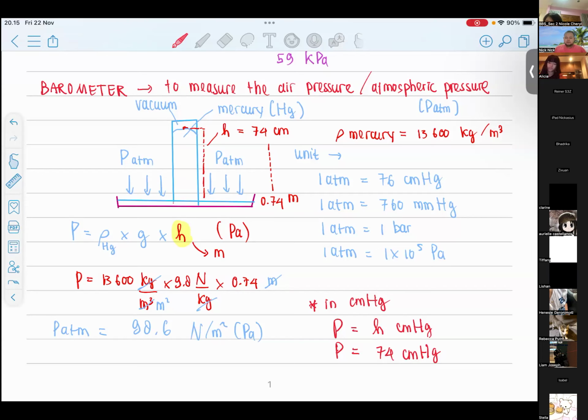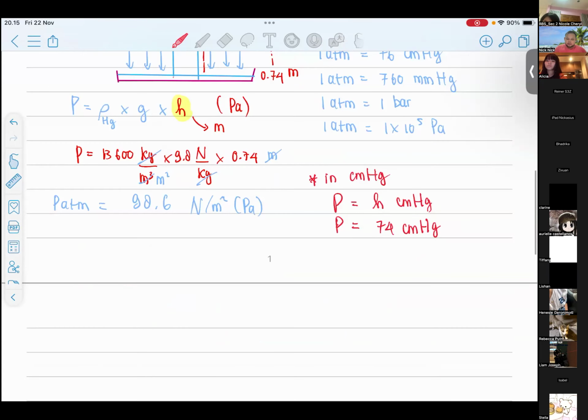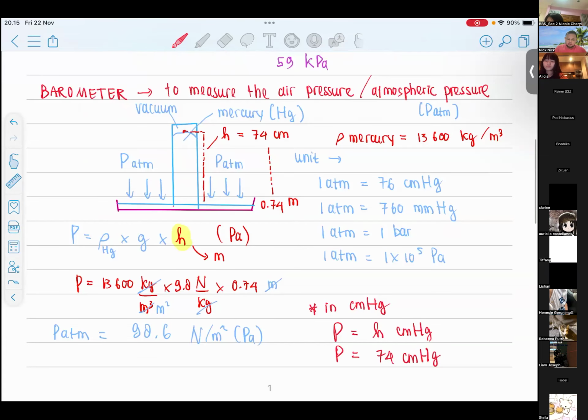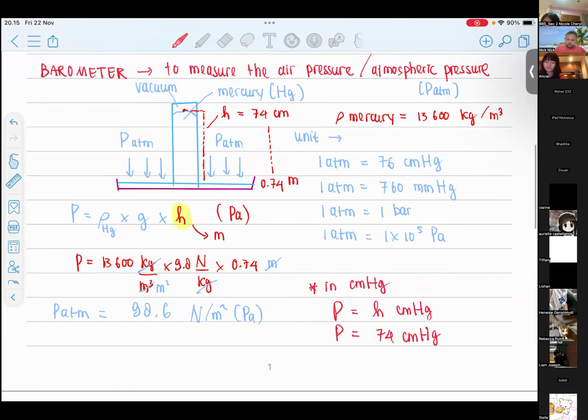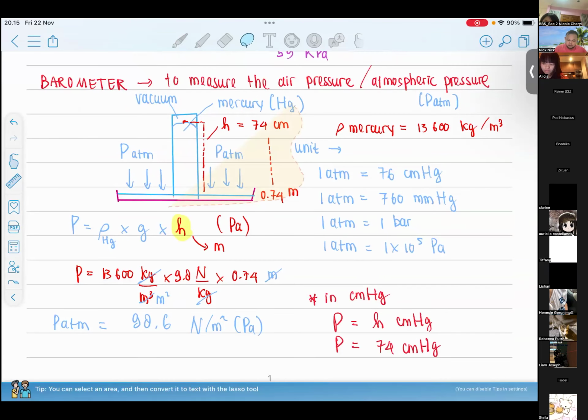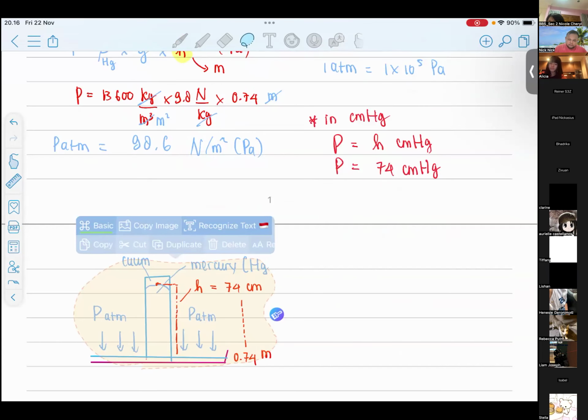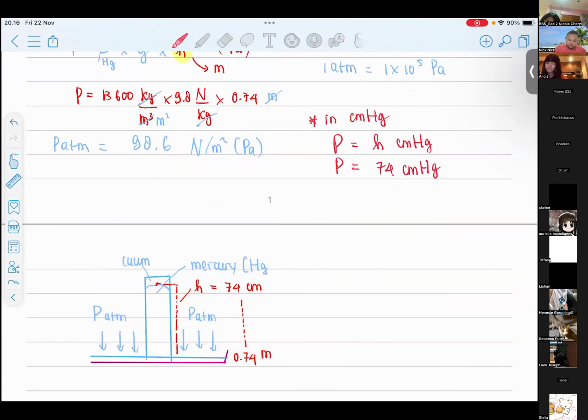One more before I close. What if I copy the same thing from here? What if this is not vacuum inside the barometer, but air, or any gas?